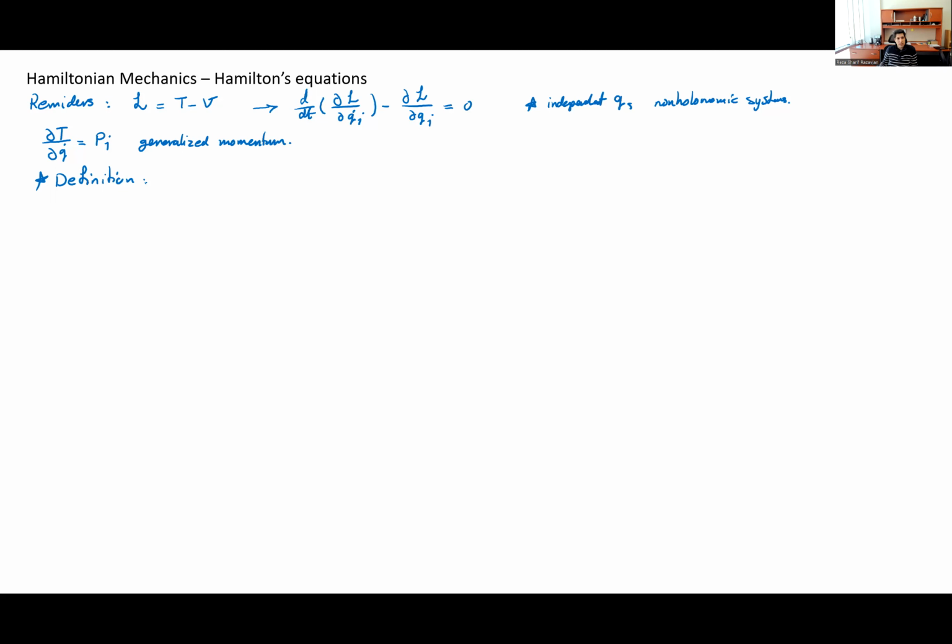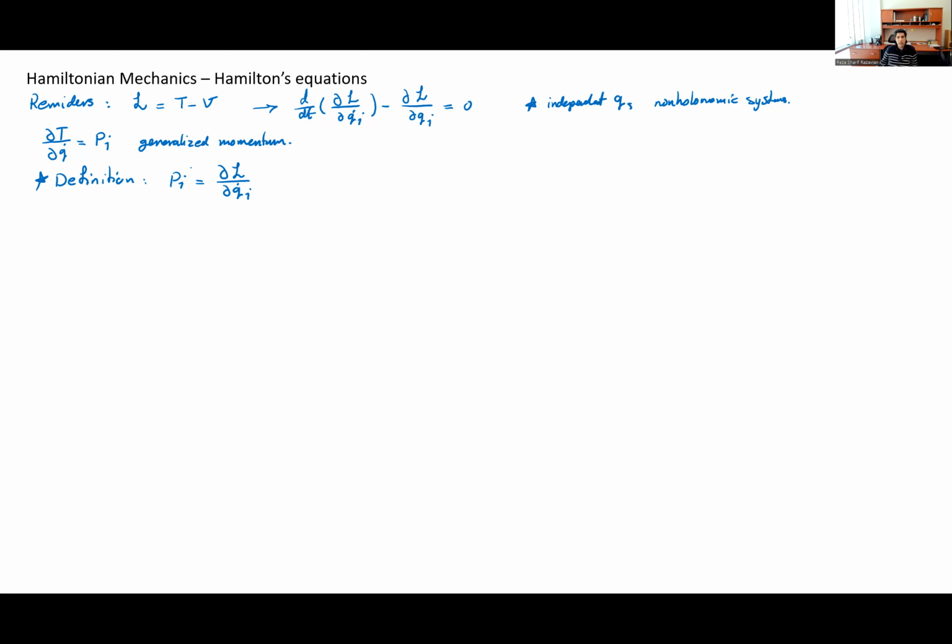In a Hamiltonian sense, we define pi, the generalized momentum, to be partial L, partial q dot i. It is the same thing if you note that L is T minus V, and V usually doesn't have q dot in it. V is only a function of position. So these two are actually the same thing.